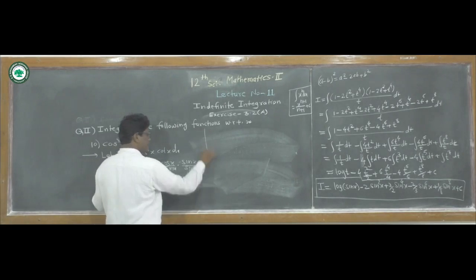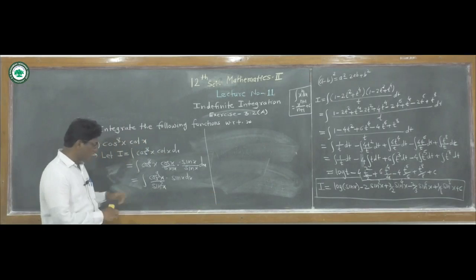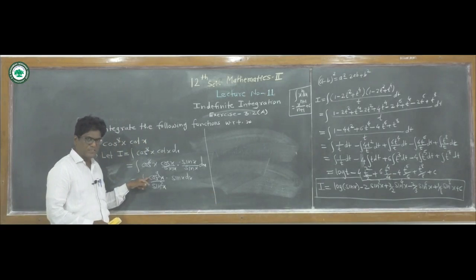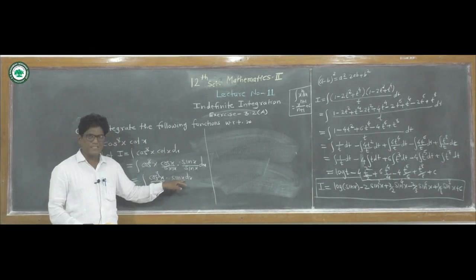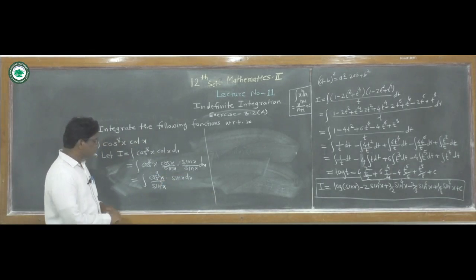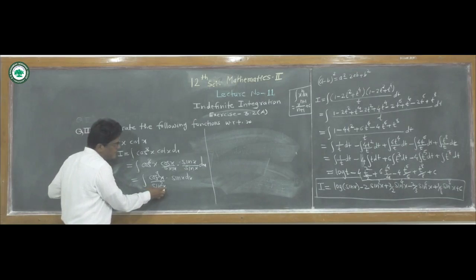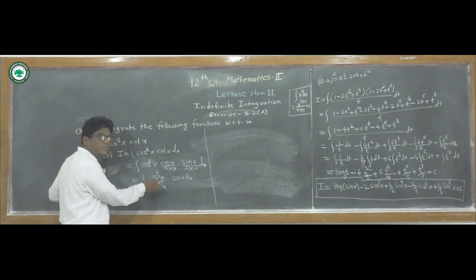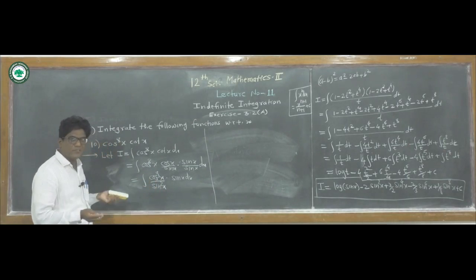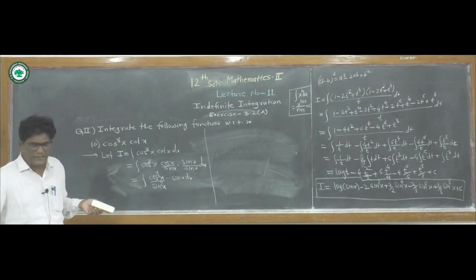So we get here, now we put cos x is equal to t, and then we get sin x dx as a minus dt. So here we express sin x in terms of cos x. We put sin square x is equal to 1 minus cos square x using the first fundamental identity.